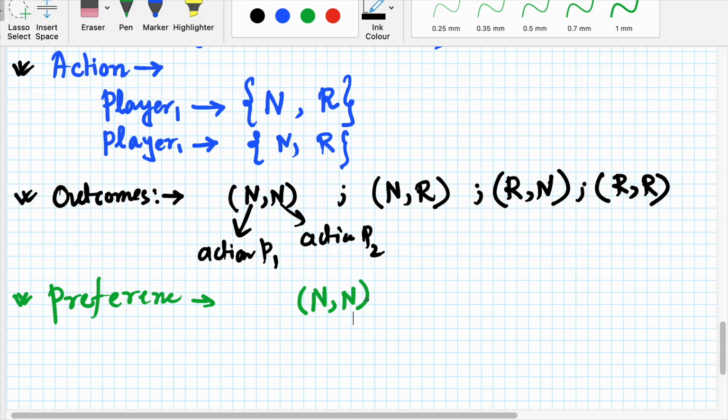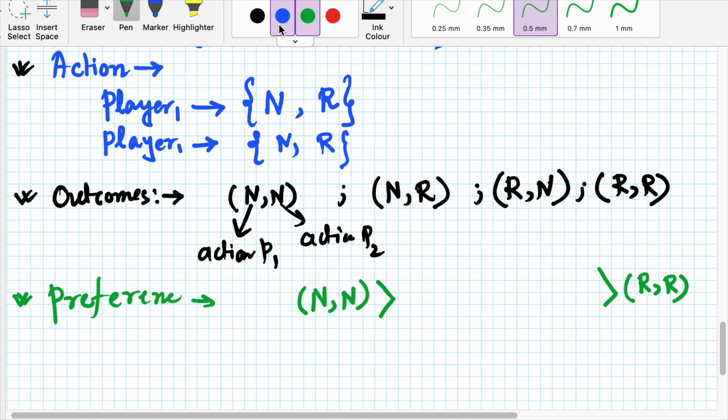So the first item will be preferred, and they have to give less effort to take the food to the nest. If both of them pull in a random direction, then a longer time will be required for taking the food to the nest, and it will require a lot of effort. So this is least preferred, and this is most preferred.